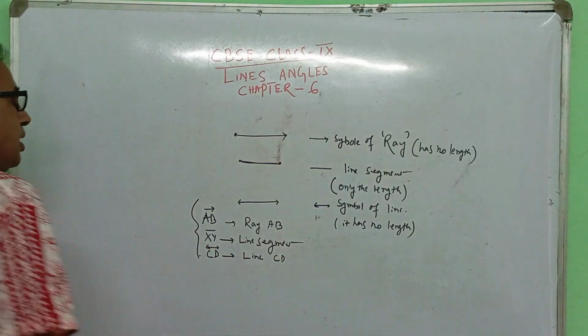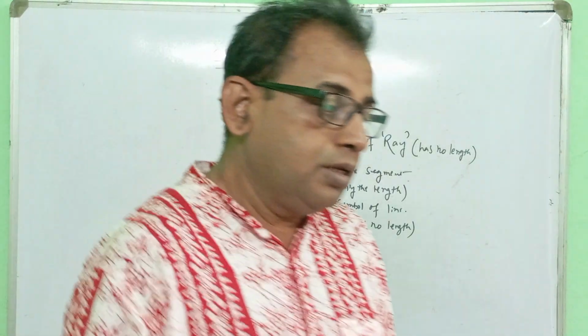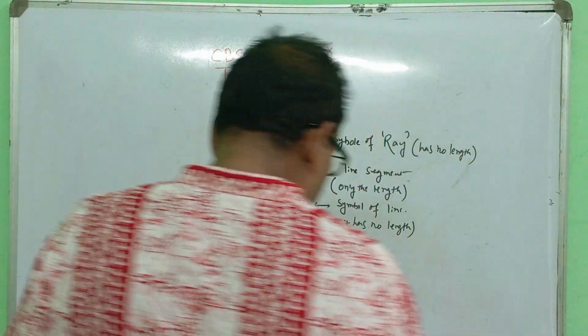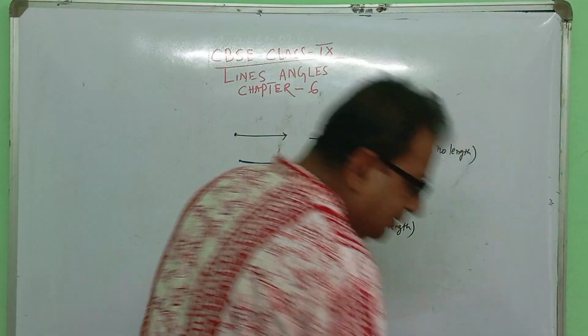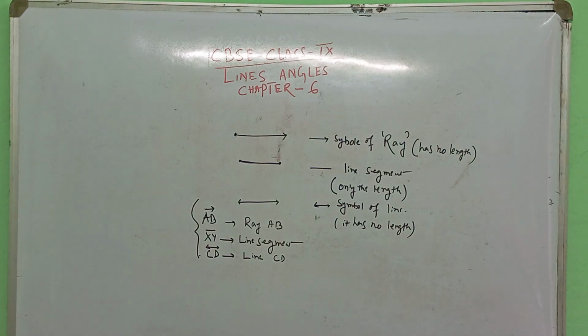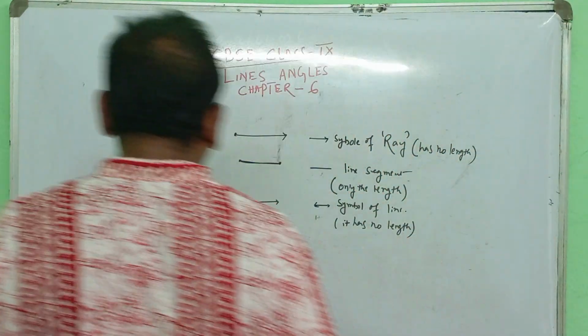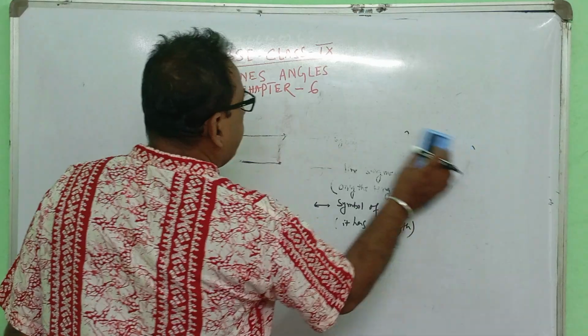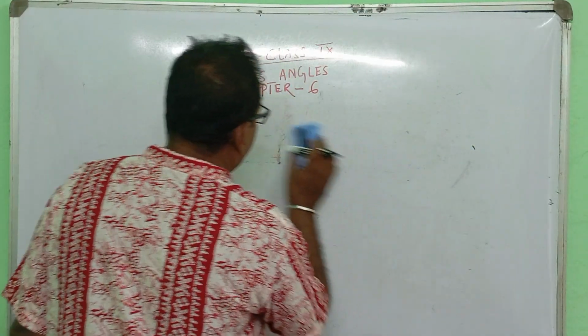These three abbreviations should always be taken care of when the sums are given. So after taking the lines, segments and the angles, now this is the line segment part. We have learned the different angle part.